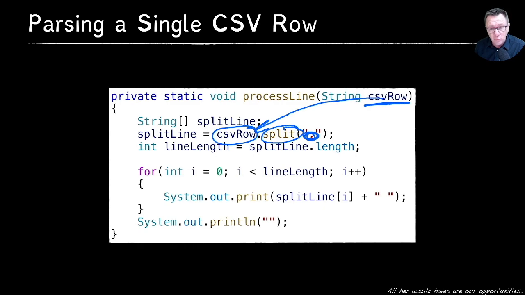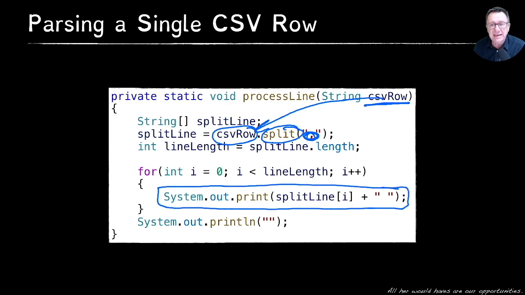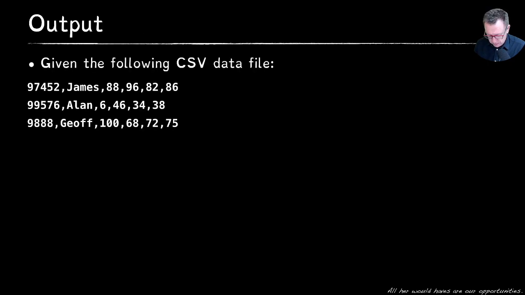And we go through doing that. We loop through, and all we're doing here is printing out the split string. That's it. Really simple, really straightforward. And you're going to see this, and the code is available for you to use.